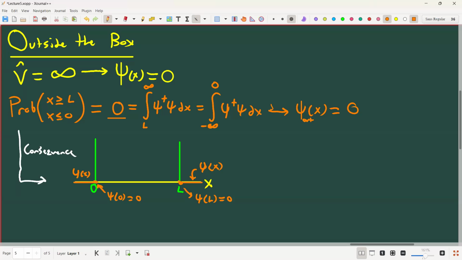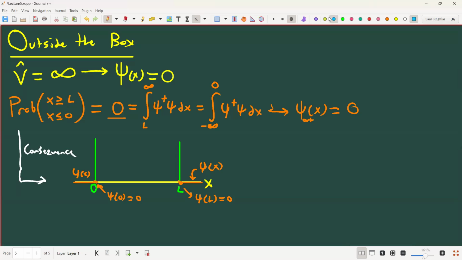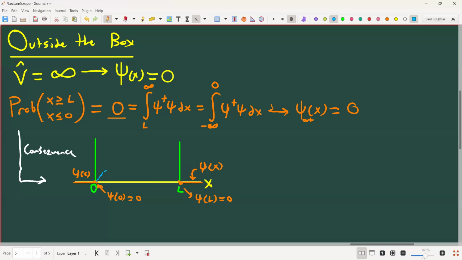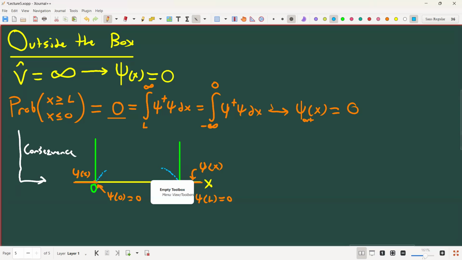So whatever function's in here, it has to go to 0 here and has to go to 0 here. All right, so we don't know what that function is yet. But we know that whatever the wave function is inside the box, it has to come to 0. Right? Which means it could either come from the bottom, negative value, or from positive.